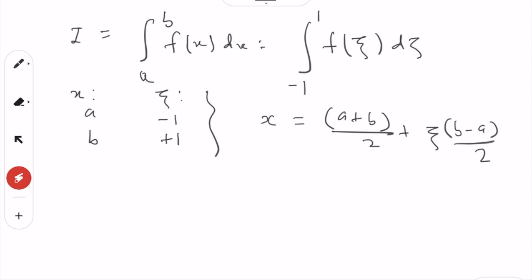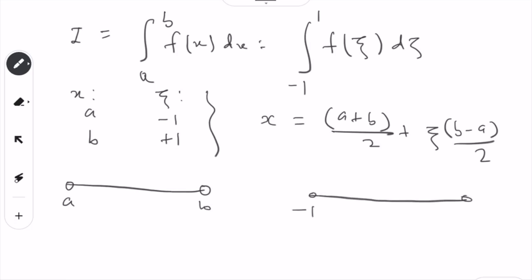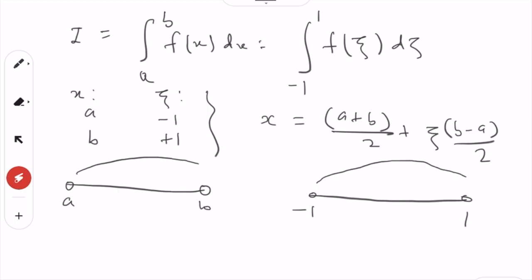So let's say xi equal to 0. What is the variation? x varies from a to b, and here your variation will be -1 to 1. We should have the same kind of function on both sides: this is f(x), this is f(xi).